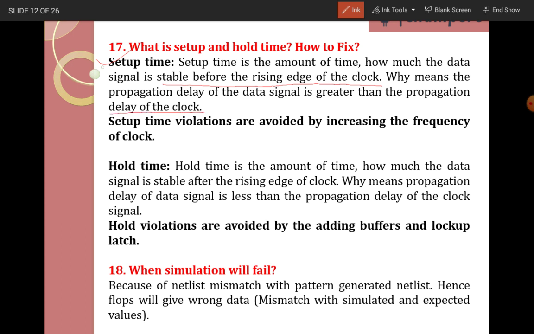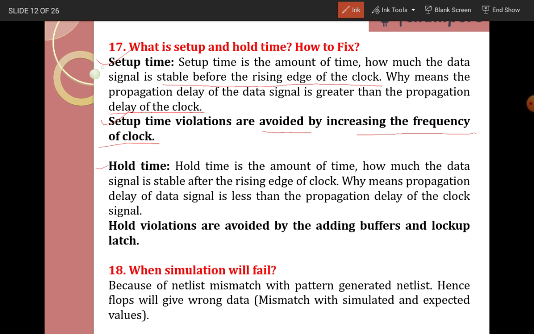Setup time violations are avoided by increasing the frequency of the clock. In interviews they may ask how to avoid or fix setup time violations, so you can say by increasing the frequency of the clock.